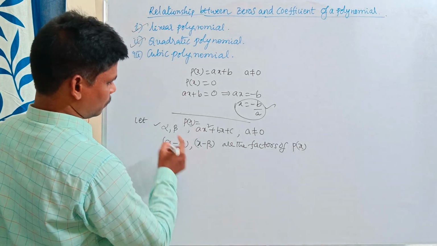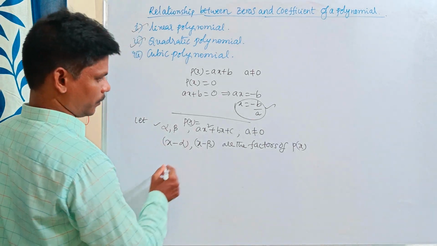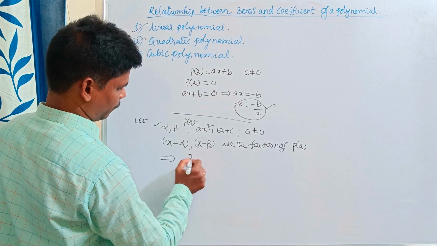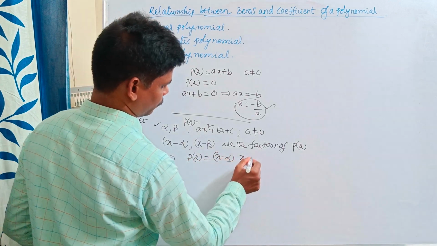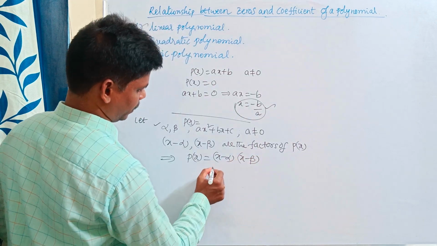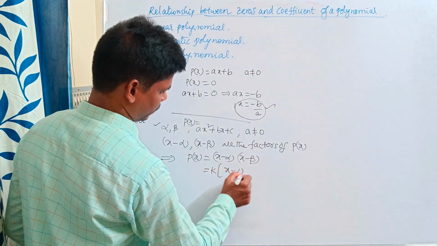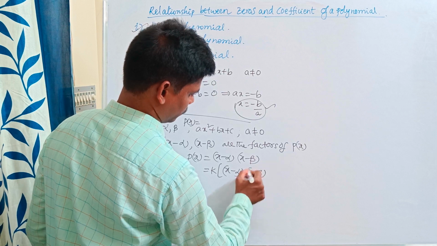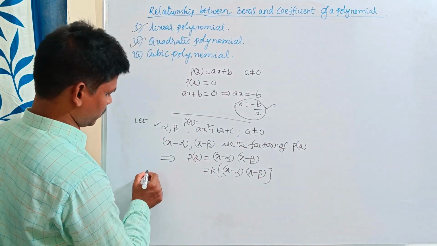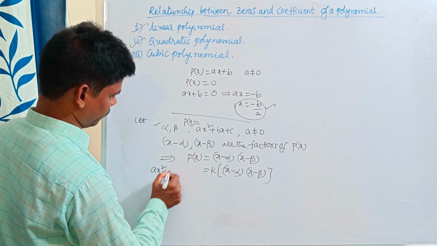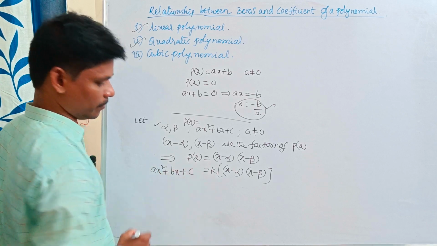So to find the polynomial, take p of x equal to k into x minus alpha into x minus beta, where k is a constant. So p of x means ax square plus bx plus c.